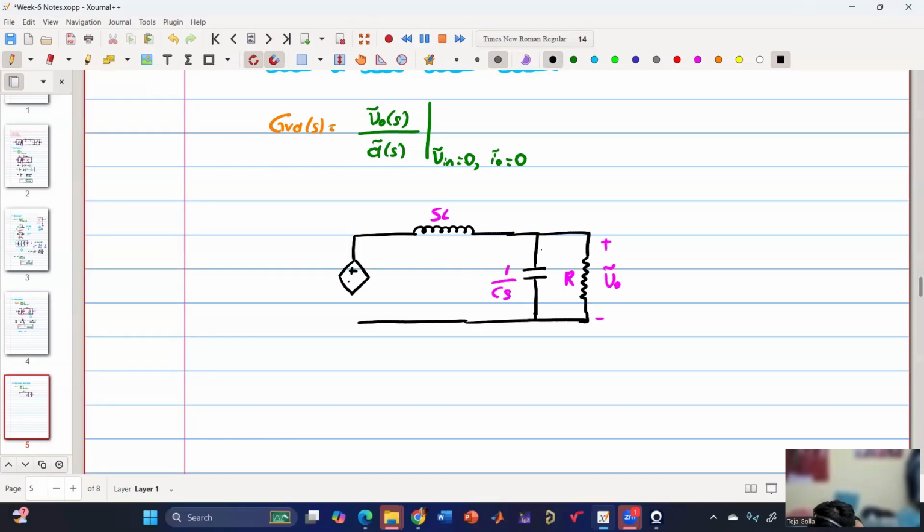So this is the polarity. Careful with the polarity. So this is V in into D tilde.